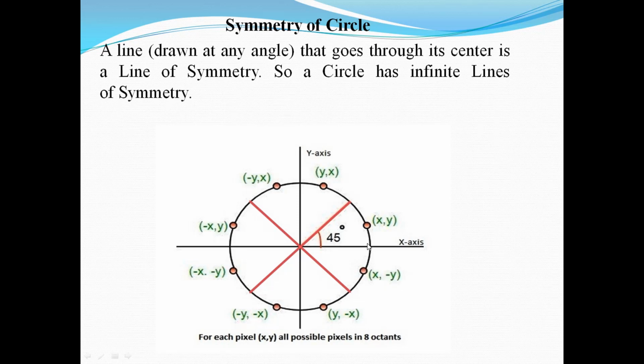So we can plot the points in the remaining 7 octants with the help of symmetry of the circle. Our midpoint circle generation algorithm takes this property as the basis for developing the circle.